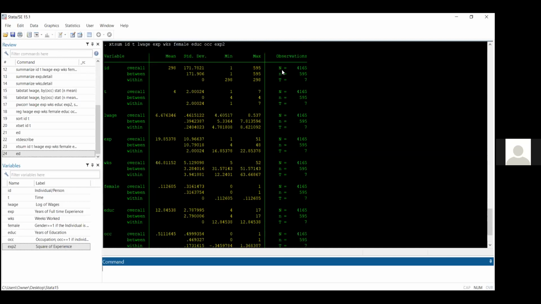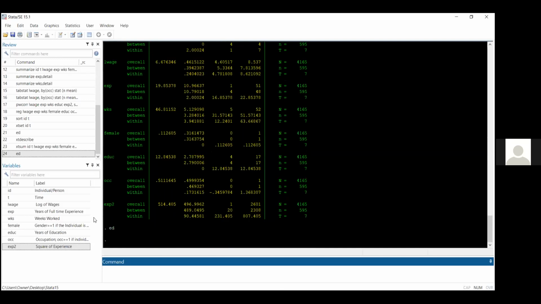So the total sample size, the 4165, is n times t, which means 595 times 7, which gives us this particular scenario for interpretation.